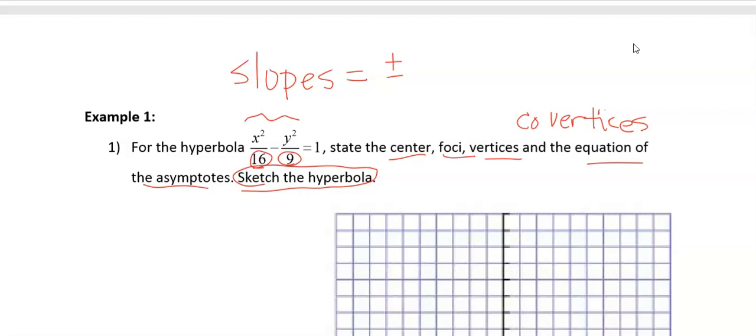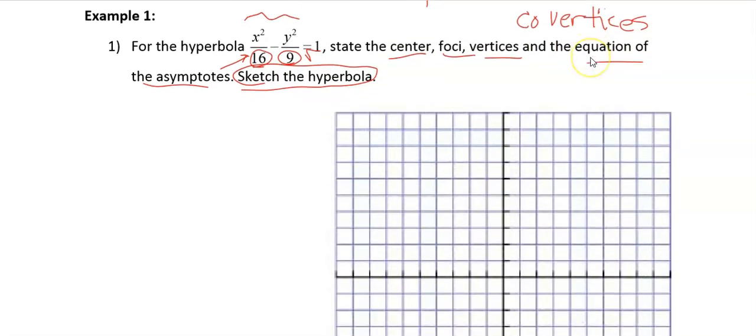Under the y, you have your 9. The square root of that number goes in the numerator, so it's 3. And the other one under the x is 16. The square root of that number is 4, and that's in the denominator. And there you go. There are the slopes of your asymptotes. It's that simple. In fact, that would make an excellent multiple choice question, because it's very short and very sweet.